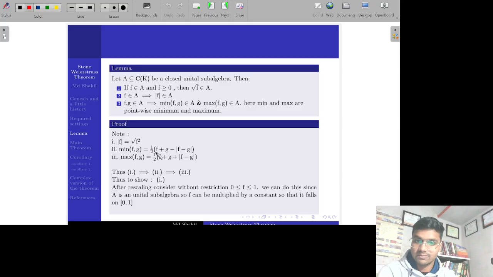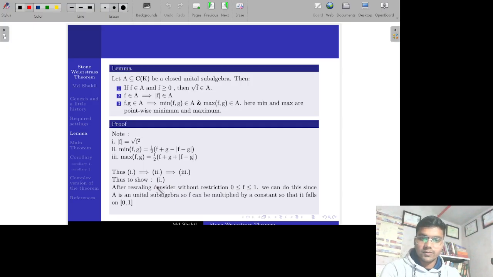Since A is a unital subalgebra, all of these elements will be elements of A if we show that this mod value will be an element of A. Similarly, the maximum will also be there. So we need to prove only the first part, that if f is a positive function in A, then its square root is also in A. If you show this, then all the three points will already be proved.